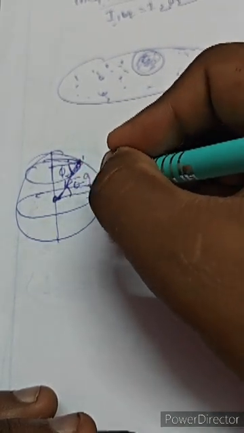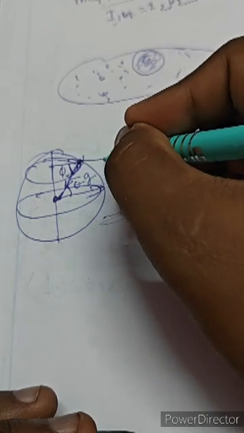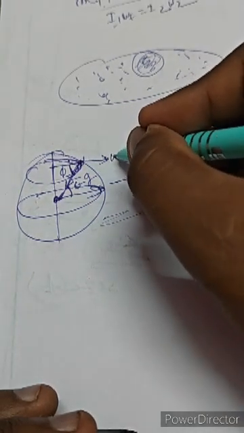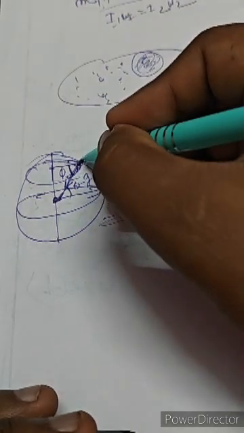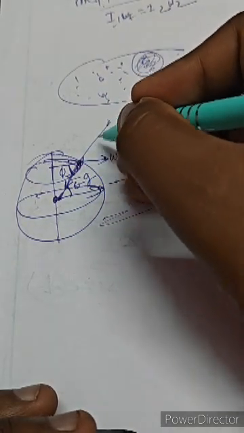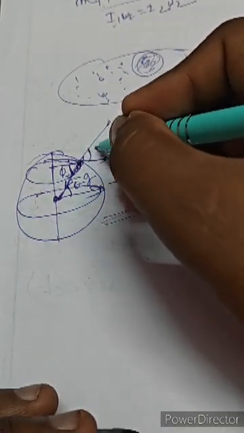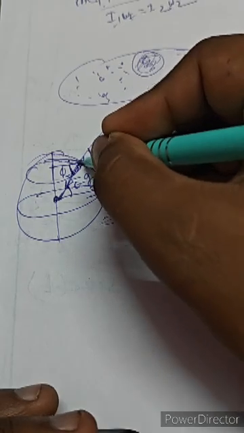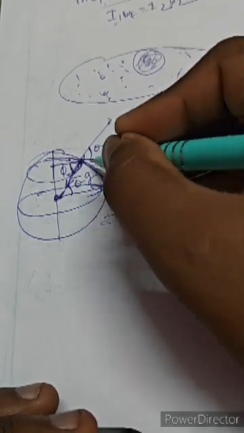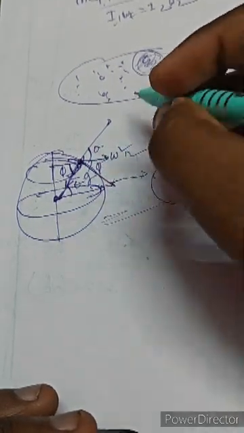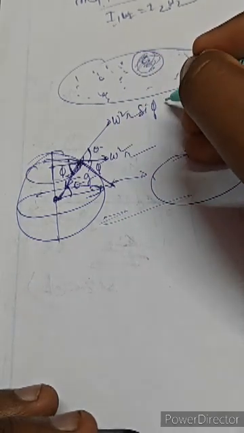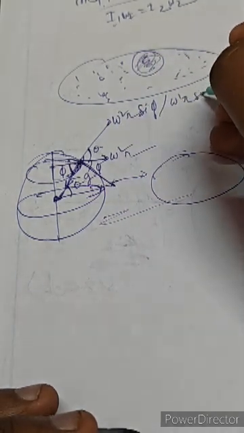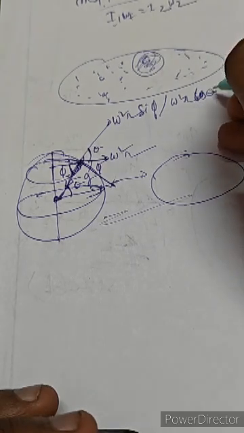Now it is g, and for the centrifugal force, the centrifugal acceleration is omega square r. So omega square r sine phi, or omega square r sine theta cos theta.